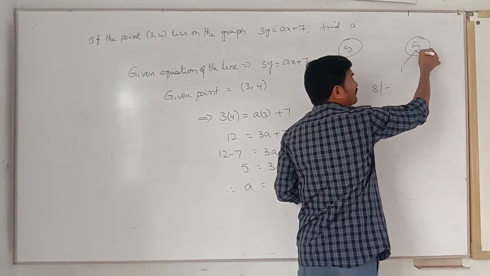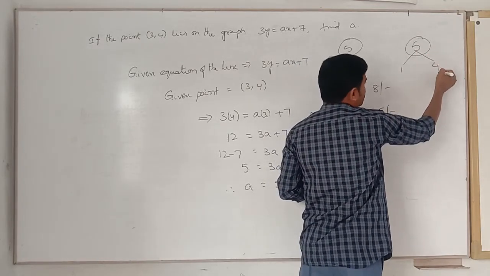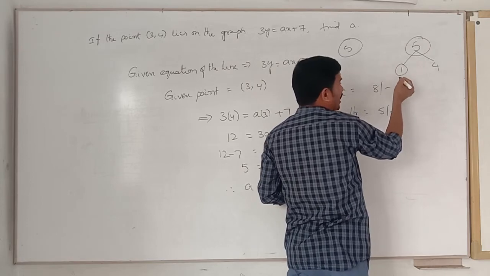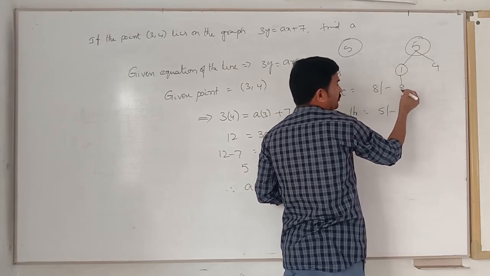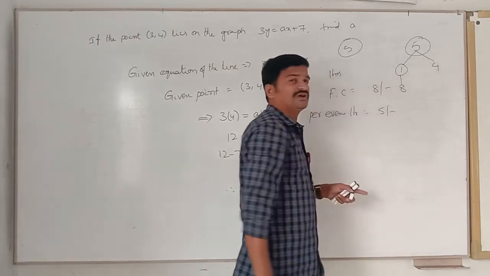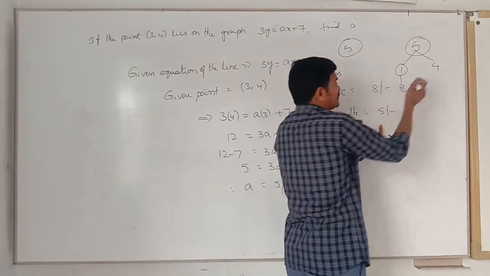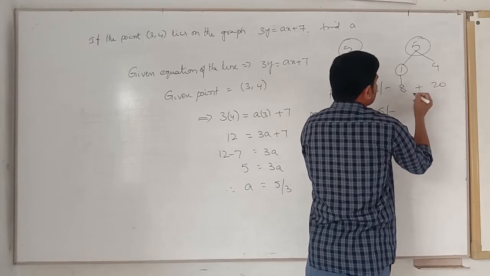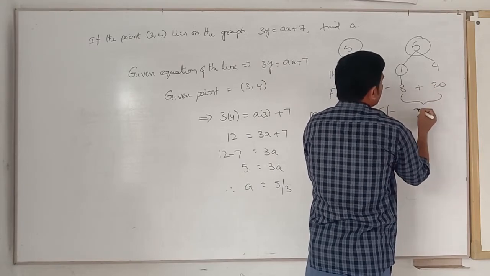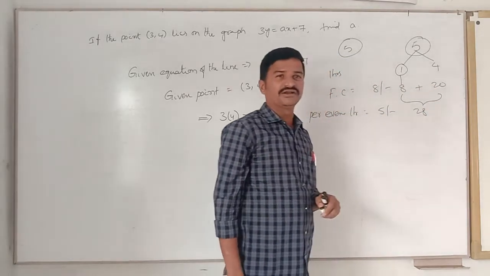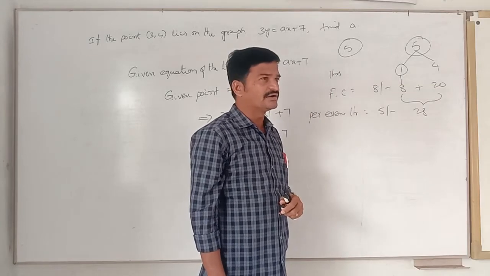How many hours remain? 4 hours. For this 1 hour, how much do we have to pay? 8 rupees. For these 4 hours, 20 rupees, because each hour is 5 rupees. So in total how much do I have to pay? 28 rupees. Are you clear or not?